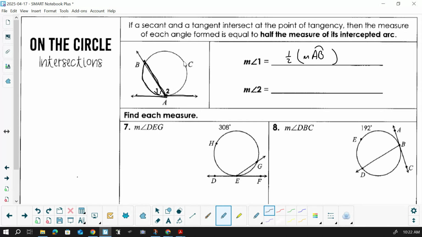The arc that's inside of it is this big arc going around this way. I can't call it AB because AB would imply this, and I have to call it ACD or ACB, right? Okay. But the point, the angle is half of whatever arc is inside of it, right? It's intercepted arc is what we were calling those earlier.